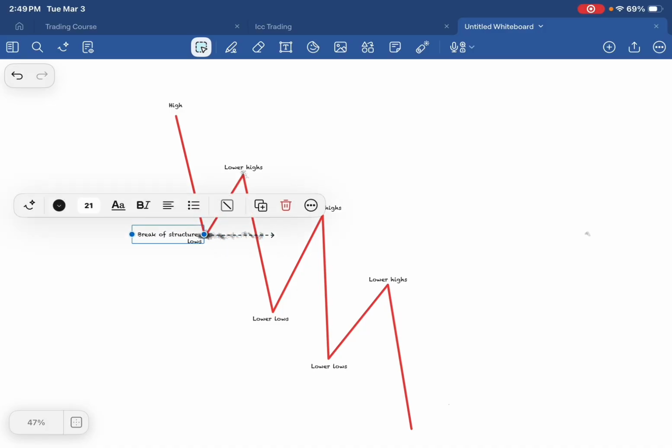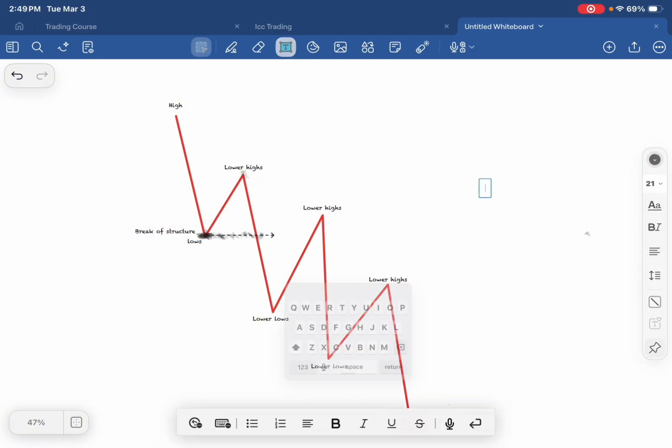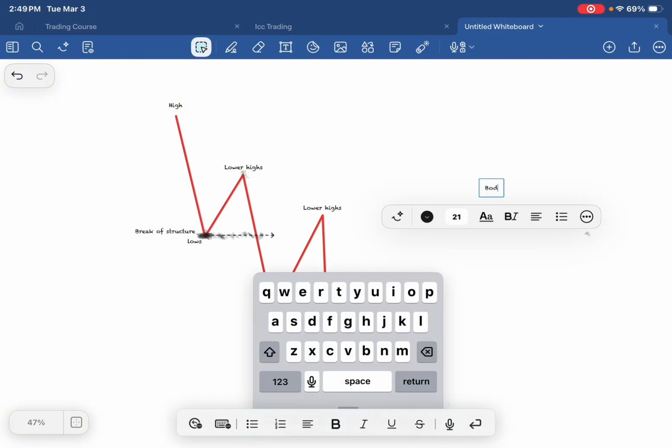I'm just explaining what market structure is. When we move over to the strategy that I trade, we're going to call the candlestick that breaks something else, but let's not focus on this because I don't want to confuse y'all. This now is called a break of structure, and we're going to put BOS in the bracket, so you guys know BOS is a break of structure.